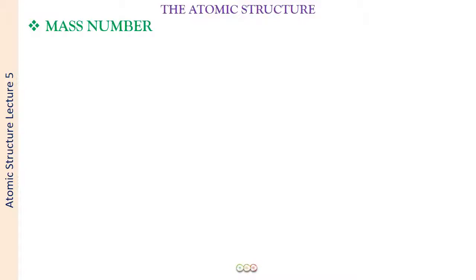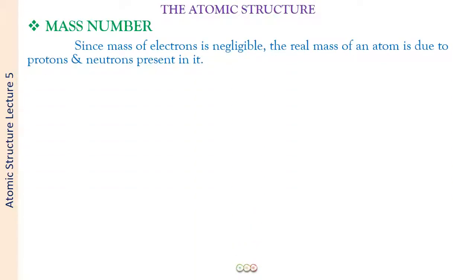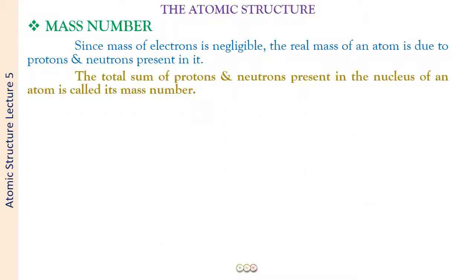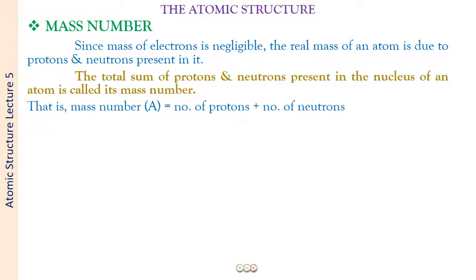Now, what is mass number? The mass of the electrons we have already discussed is negligible when compared to the mass of protons and neutrons. So the real mass of an atom is due to protons and neutrons, and hence we say that the total number of protons and neutrons present in the nucleus of an atom is called its mass number.